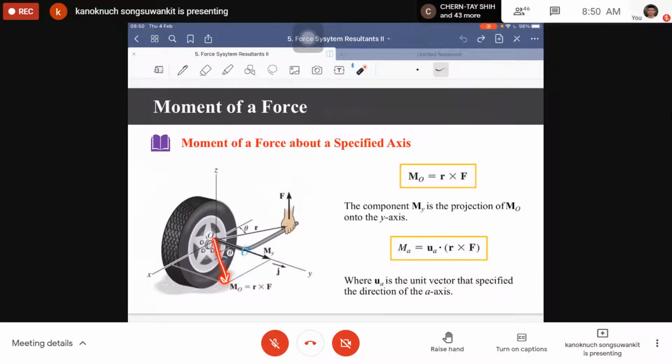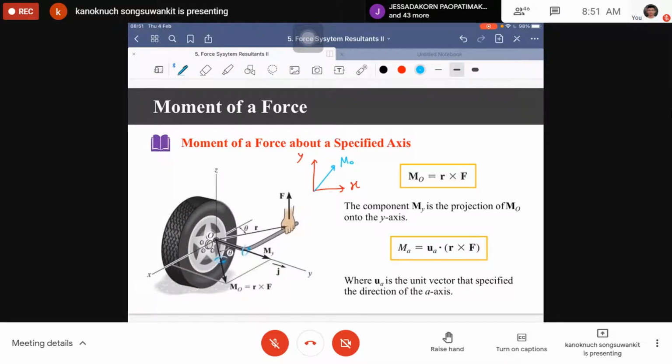Okay, so we need to find the moment about the y-axis. How can we do that? We can just resolve this MO into its components. For this figure, MO is located in the XY plane, with axes X and Y, and we have MO.